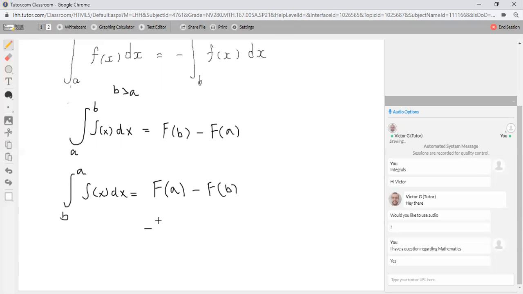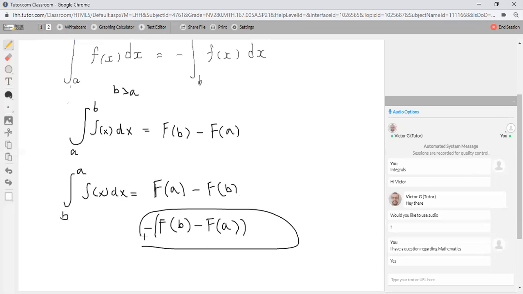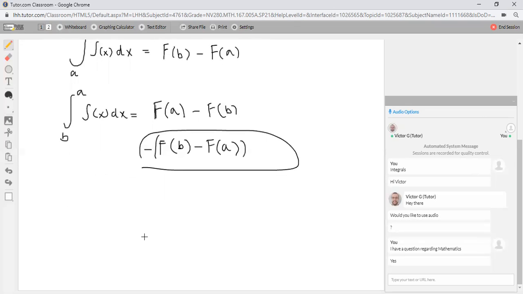Yeah, it's in my book here, actually, in a particular chapter. I think they factor out the negative, and then they switch the limits around so it's as it would be regularly. That's what it says according to my book, I think.